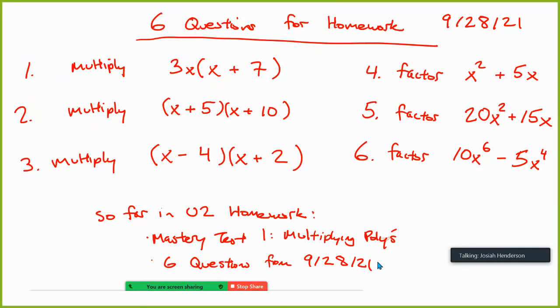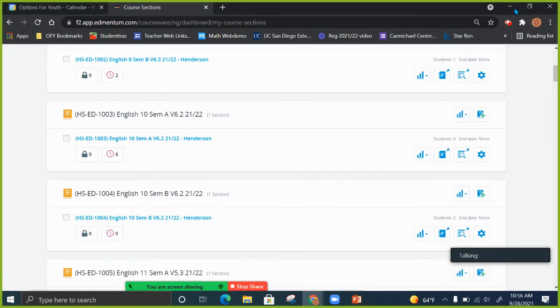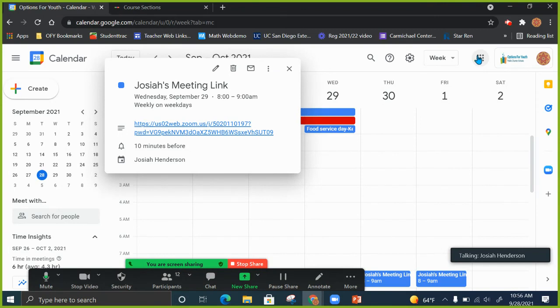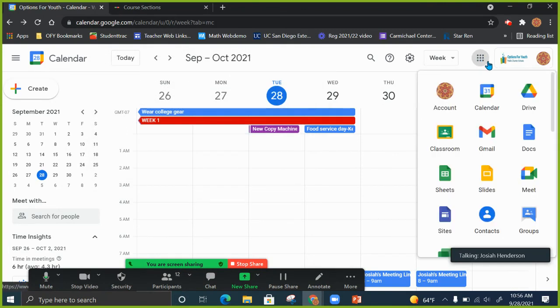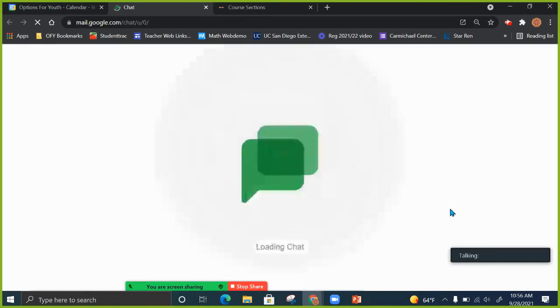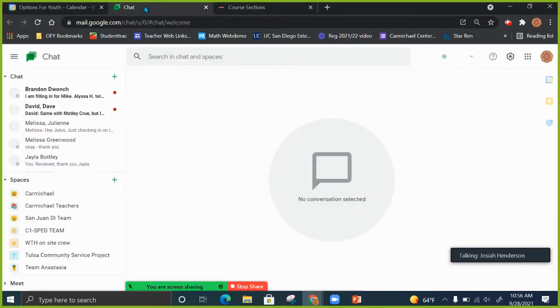Google Chat works because you all have Google accounts already, even if you don't use it. Let me show you. In any Google app, here's my calendar, up at the top right, click the little 9-dot menu and scroll down to find the green one called Chat. You can add me super easy.